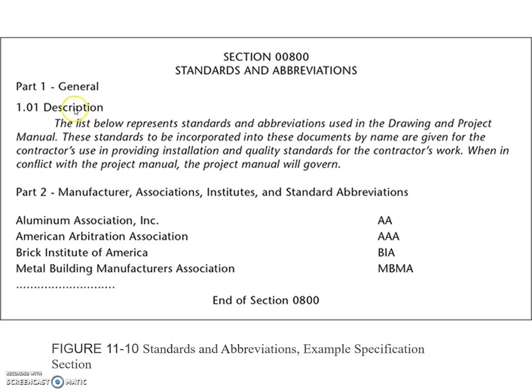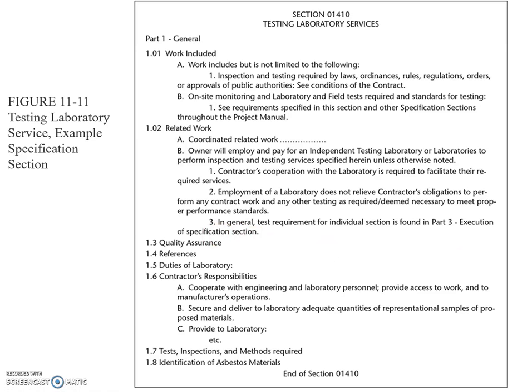This is an example for the standards and abbreviations in the specification parts. This is a figure about the typical specification language, okay, which is used in the construction documents, and these examples are related with, for example, the testing laboratory service example specification section.